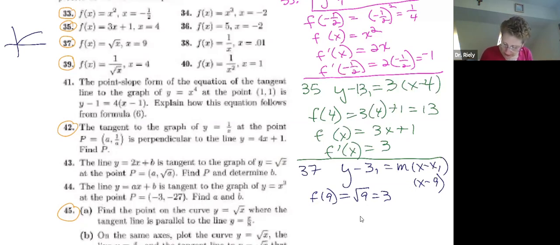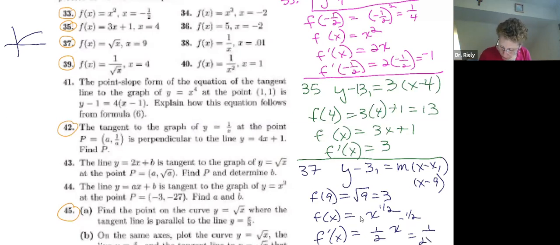Okay, so next thing, let us get our derivative. I'm going to write down my original function as x to the 1/2, getting ready to use the power rule. Therefore, f prime of x equals 1/2 times x to the negative 1/2, which is 1 over 2 radical x.